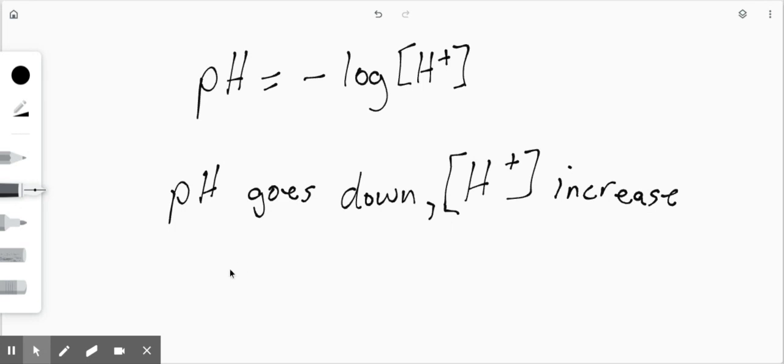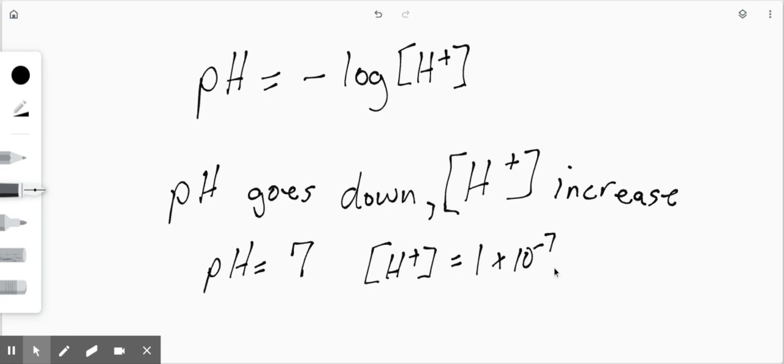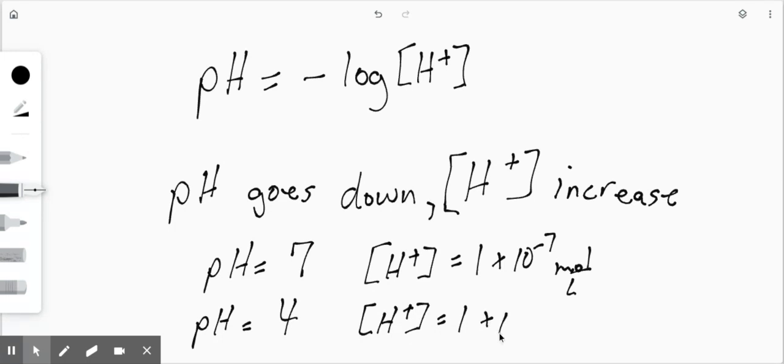So think about this. If my pH equals 7, that means that my concentration of H+ is 1 times 10 to the negative 7 moles per liter. And let's say my pH goes to 4. This is going to be that my H+ is 1 times 10 to the negative 4 moles per liter.